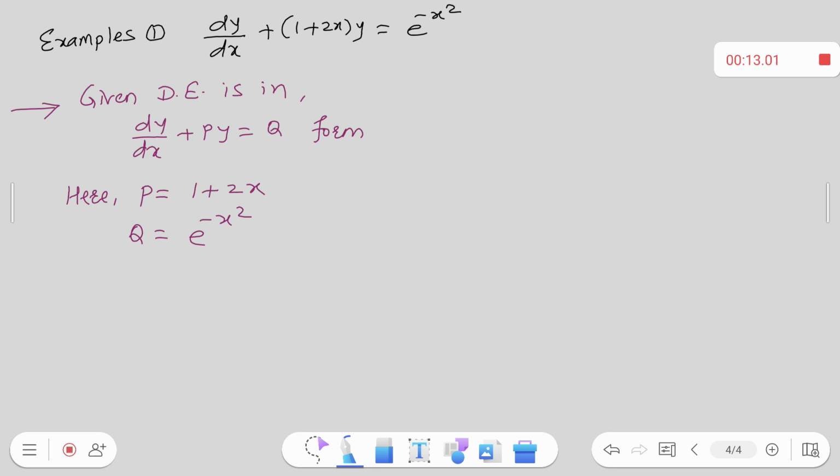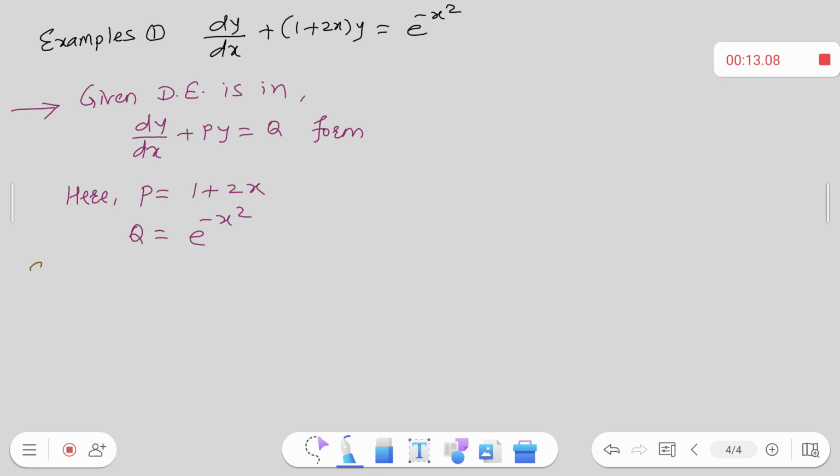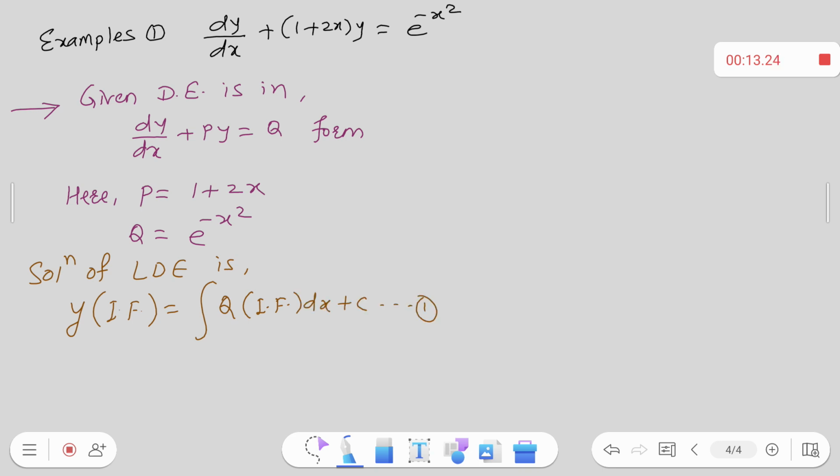The general solution of a linear differential equation is y into integrating factor is equal to integration of q into integrating factor plus some constant of integration c. Let us assume it as equation 1.